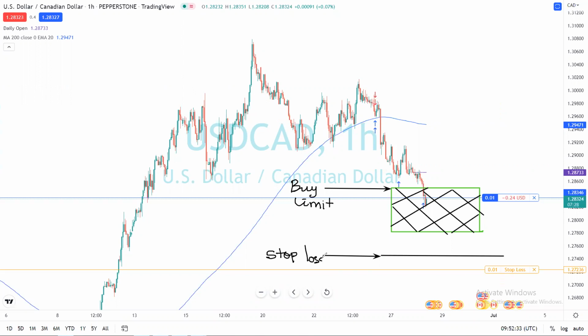This would be your stop loss. Okay, as you can see, I'm already running this trade. I had my buy limit here. It was activated, and my stop loss is, what's happening with this stop loss?